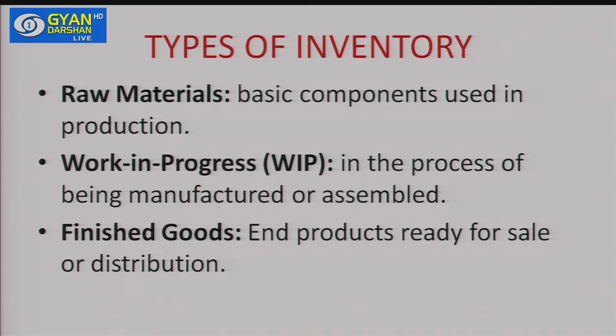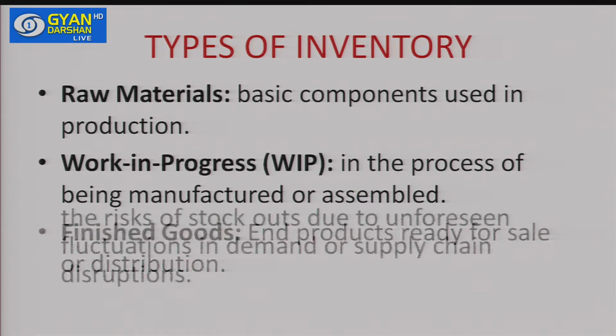When certain items are not complete, but they cannot be kept under the category of raw material, because certain processing has taken place, this type of inventory is called work in process inventory. The third type is finished goods inventory, where the end product is ready for sale or distribution.